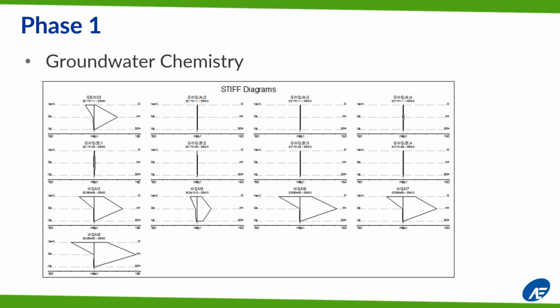The team also reviewed water quality data, which was provided by the client, from 2006 to 2017. The team compiled trilinear diagrams, but also these Stiff diagrams. The Stiff diagrams for the wells located within the landfill mass are seen at the bottom five, so that's QWM5, the bottom five that you see on the screen.